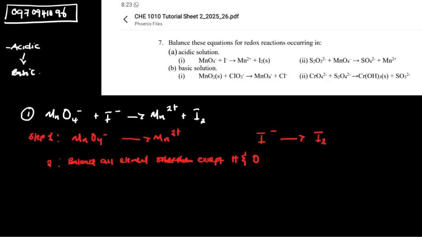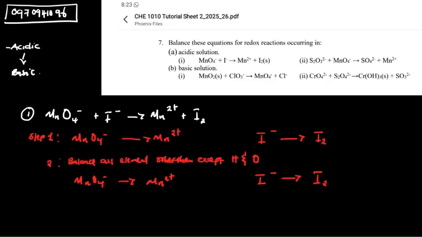So you come in here and check, apart from oxygen, what else do we have here? We have manganese. In the first half reaction, on the left side we have one manganese, on the right side we also have one manganese. So in this case it means the manganese is what? Balanced.